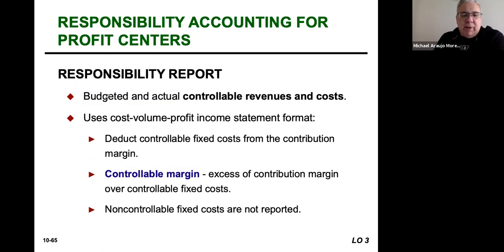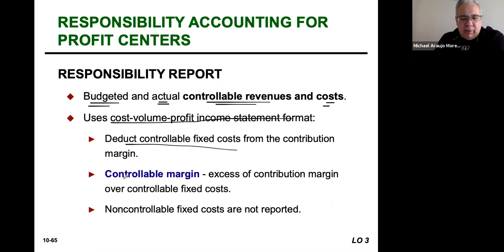So the responsibility report would show the budgeted and actual revenue and costs that are controllable. Controllable revenue, controllable costs. You can use the cost volume profit income statement format to show how controllable fixed costs were deducted from the contribution margin.